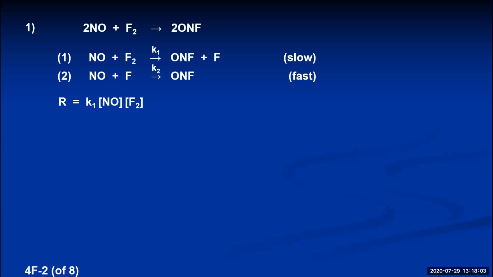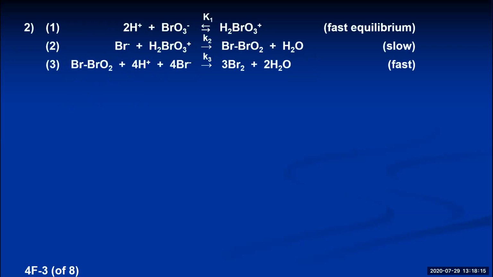Number 2, assume that the reaction 5Br minus plus BrO3 minus plus 6H positives yields 3Br2 plus H2O proceeds by the following mechanism. Deduce the rate law that agrees with this mechanism. Once again, we look for the slowest step in the mechanism, which is step 2.